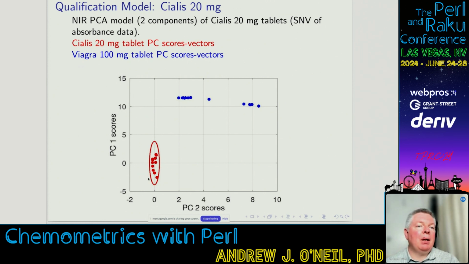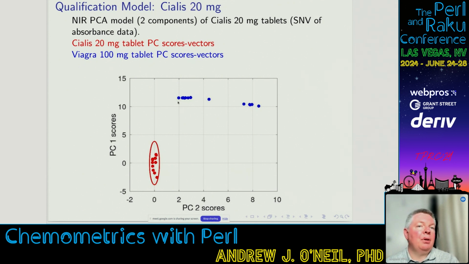So you can see here the red ellipse represents the critical value for alpha equals 0.05. So the type 1 error here would be 5%. So 95% of the spectral scores for Cialis should fall within this ellipse. And you can see the Viagra fall outside the ellipse, so they are correctly rejected.